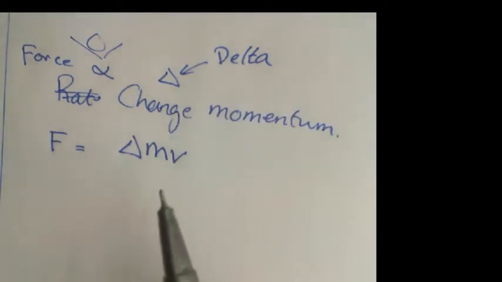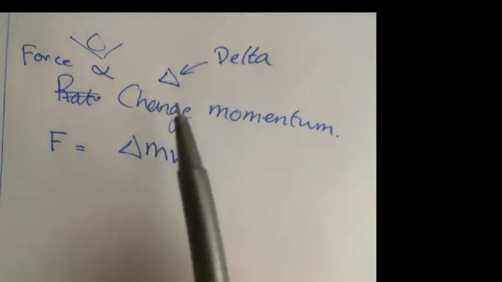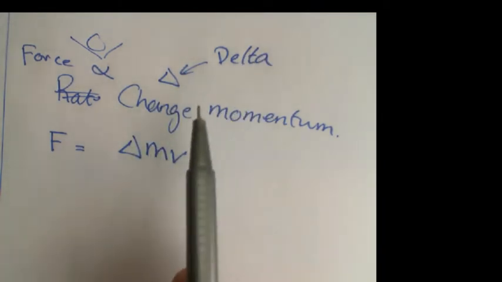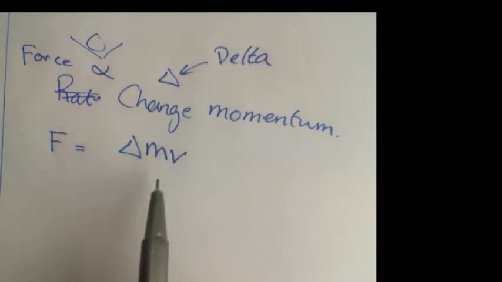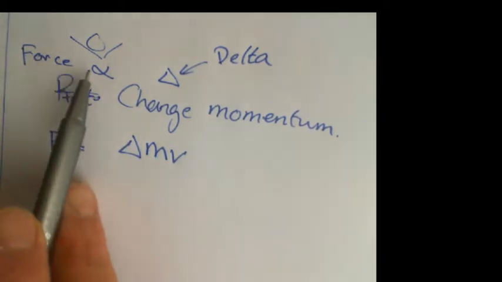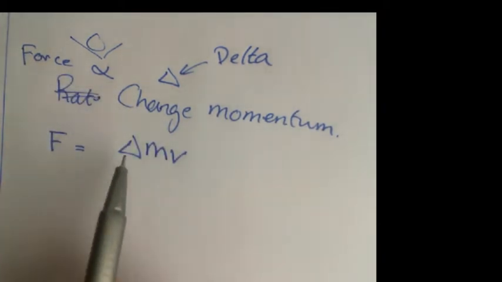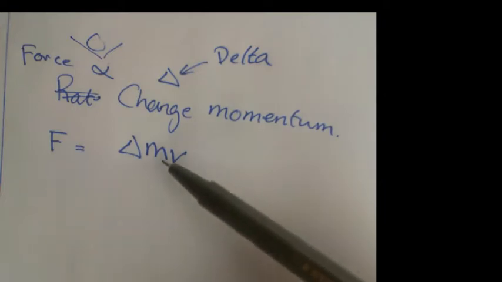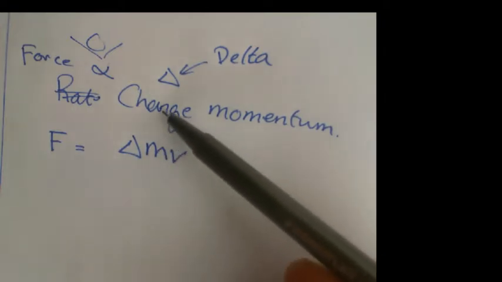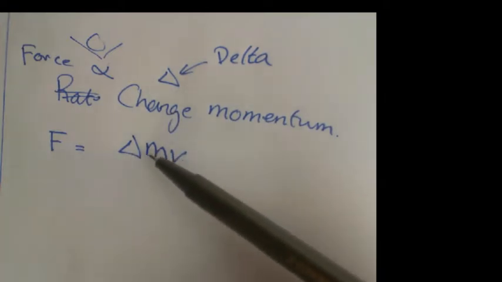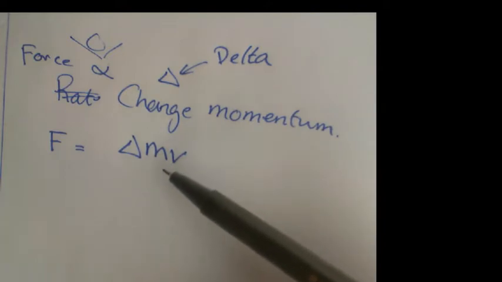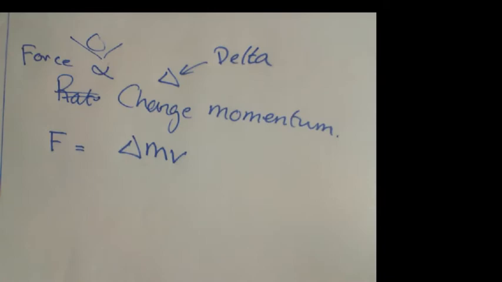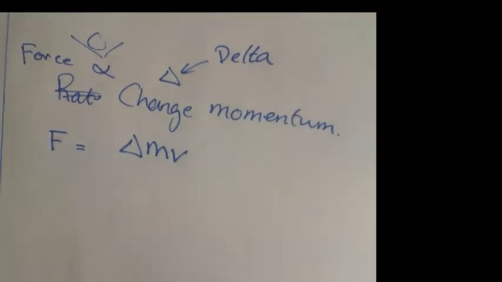And this one's on your equation sheet. And the brilliance of this one being on your data sheet is there's a little bit of a cheat, because it says that force is equal to change in momentum divided by time. And it also gives you the symbol, so it says change in momentum is delta mv. Well, that's a nice clue to what momentum is. Should you forget what momentum is? Well, you know that change in momentum is change in mass times velocity, so momentum is just mass times velocity. So you get 2 equations for the price of 1 on your data sheet there.